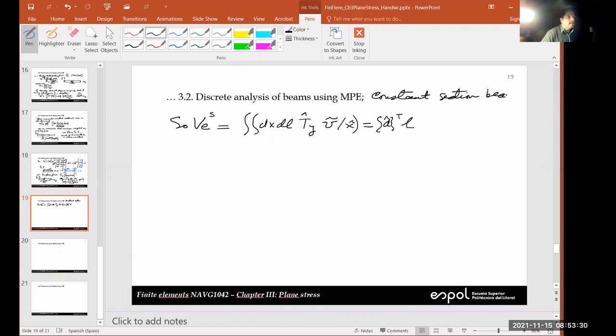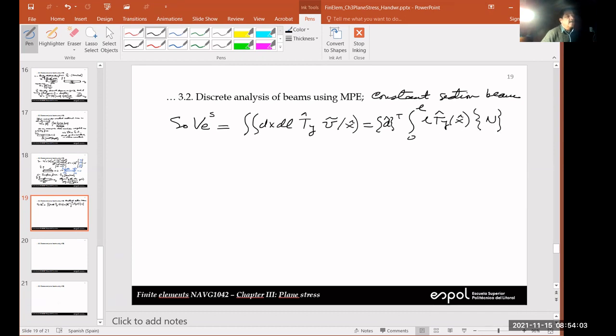This is something that we said before, so I just want to remind you. I'm sorry, we can leave it inside, and then we integrate from 0 to L, and this is L times T Y, which can depend on X, and then this is multiplied by N.